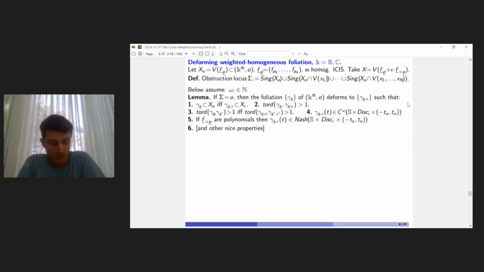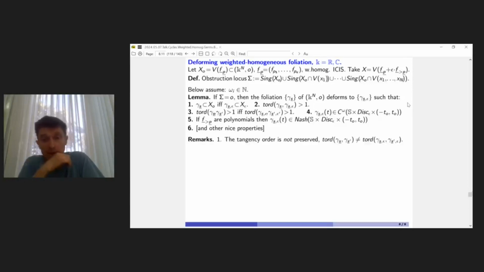And many other nice properties. So this is the technical lemma that allows you to deform the foliation when you deform your germ. When you work with weighted homogeneous germs, you always use this group action, this foliation. And now with this lemma, one can work with semi-weighted homogeneous germs or perturbed weighted homogeneous germs, for example, Newton non-degenerate singularities. You will have a foliation there.